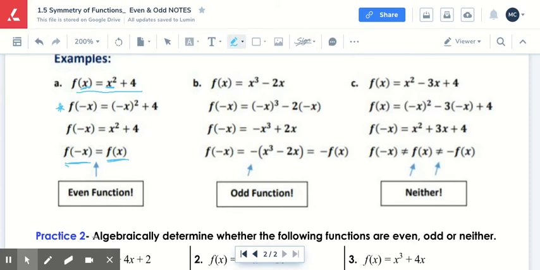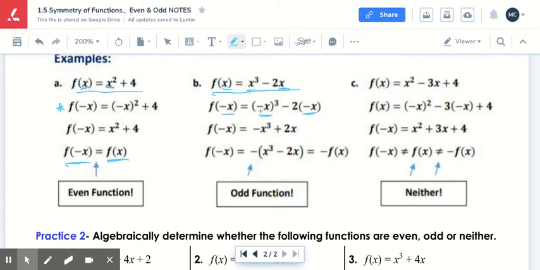For this second one, here's our original function. Replace the x everywhere in this function with a negative x. So here in the function notation, and also everywhere where you see an x on the other side of the equal sign. And then we simplify.